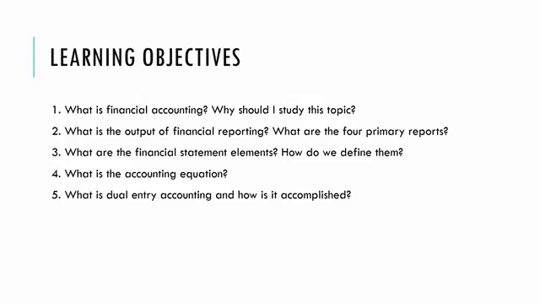The last is dual entry accounting and what it is. We're going to spend some time really on dual entry accounting in chapters 2 and 3, quite a bit of time on it. So this is really just an introduction to dual entry accounting.